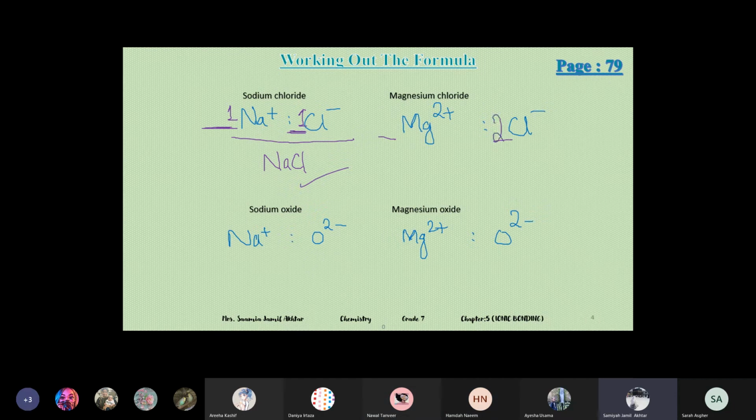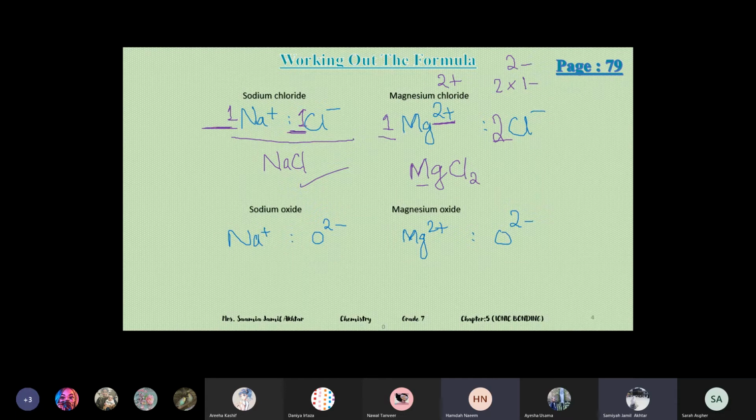With chloride, 2. Because here it is 2 plus and here we had only 1. So if we write 2, it will become 2 minus. So we have to balance it: 1 magnesium and 2 chloride ions. So MgCl2, because Mg is 1 and Cl is 2.